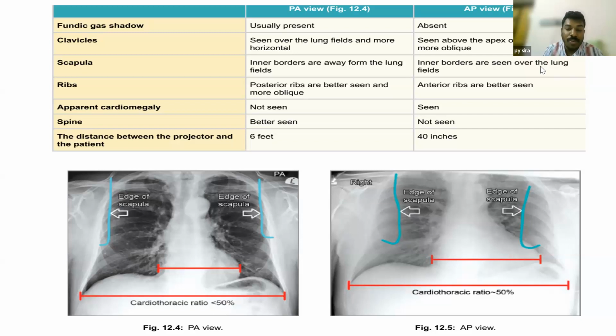Whenever you take AP view, there will be an apparent cardiomegaly, so you cannot comment about cardiomegaly whenever you take an AP view. And spine is better seen in PA view, and it is not seen in AP view. These are the important differences which you have to note in patients with PA view and AP view.